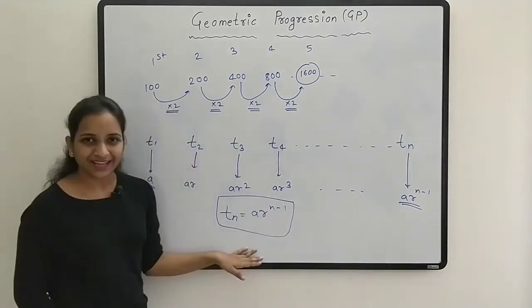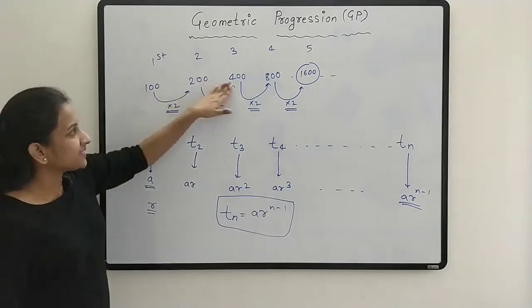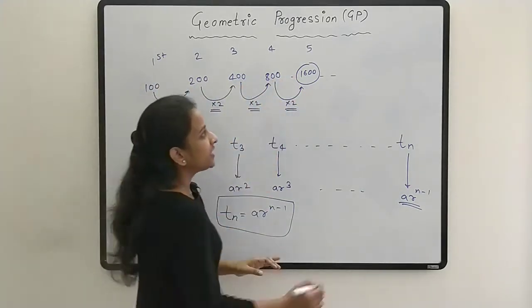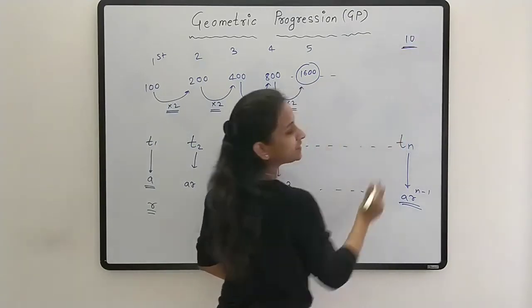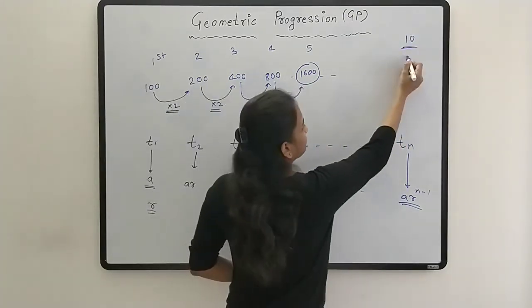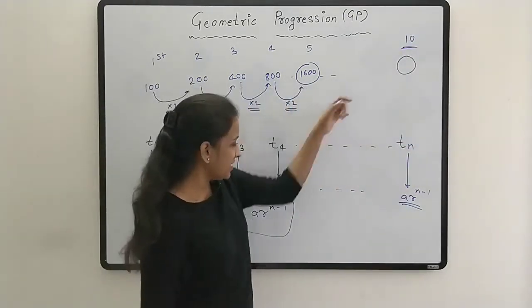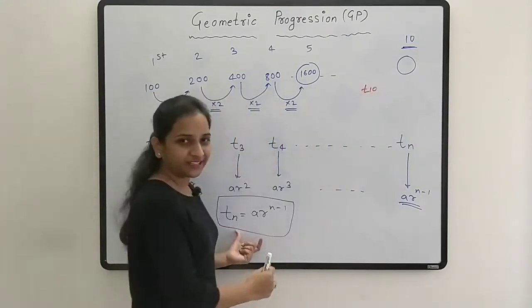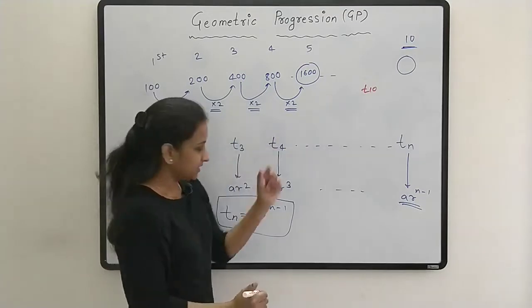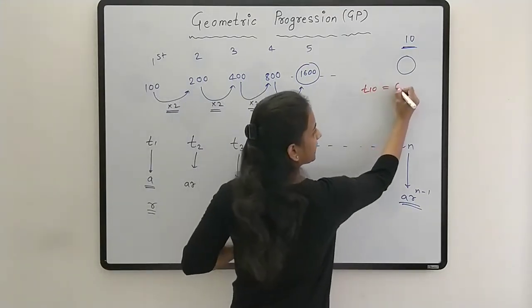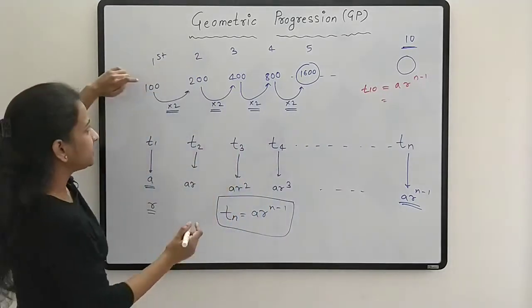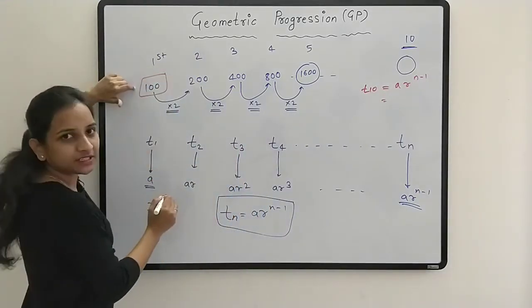This is the formula. See, in this case, 100, 200, 400, 800, in this GP series, we can find the 10th term of the series directly. See, to find the 10th term, we can use this formula. See, T10 we have to find. Here n is 10. So, using this formula, T10 is A into R power n minus 1. Here A for this sequence is 100, the first term.